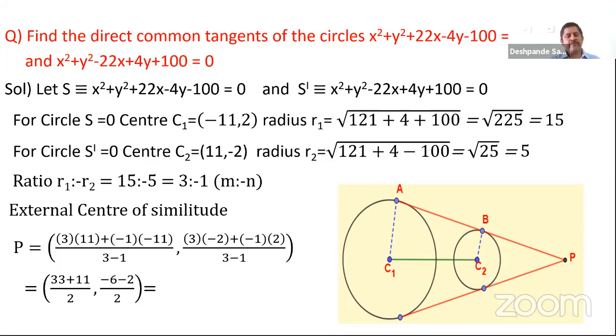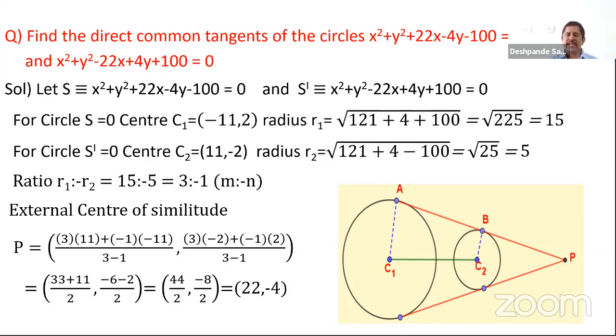So you get 44 by 2 and minus 8 by 2. So 44 by 2 is 22 and minus 8 by 2 is minus 4. So this is the first process. You're going to find the internal center or external center. Because it is direct common tangent, you're going to find the external center of similitude.